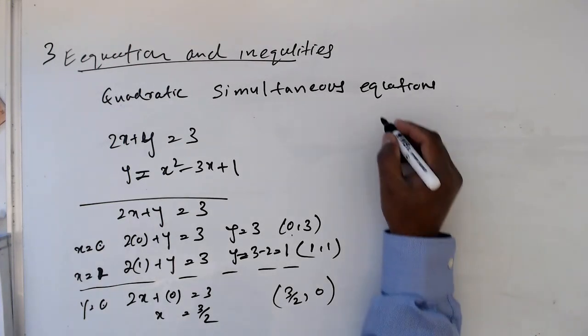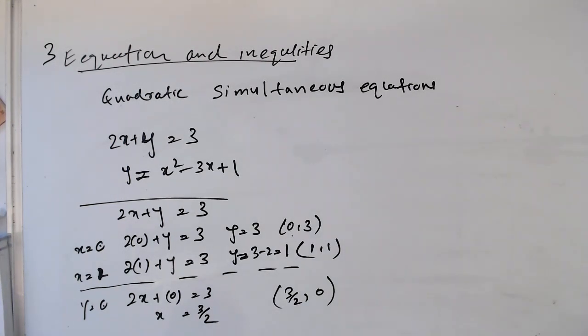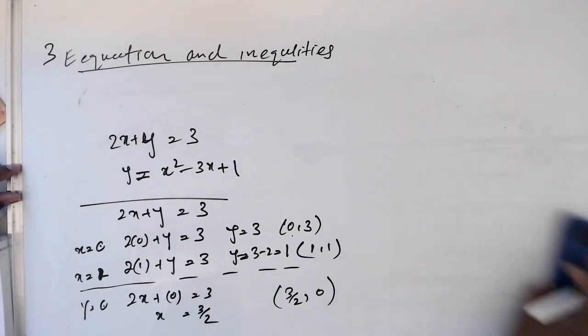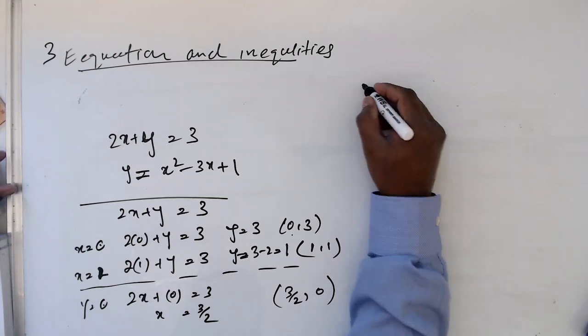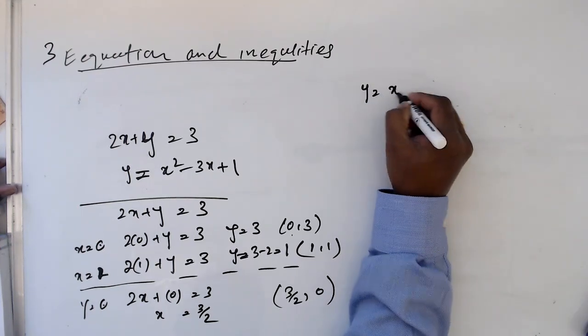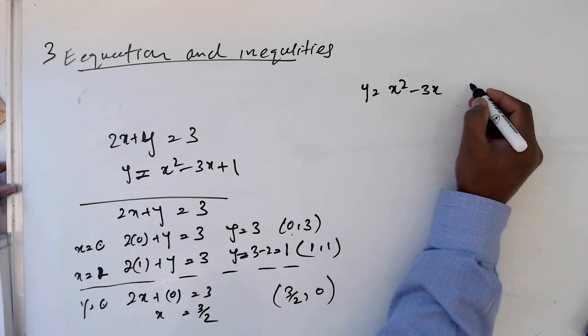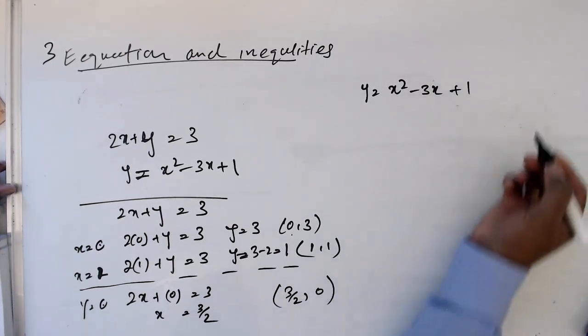Now we are going to sketch y equal x square minus 3x plus 1.